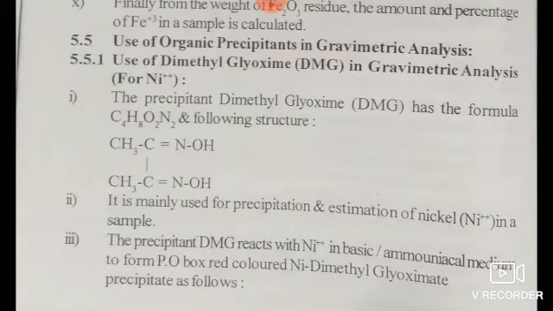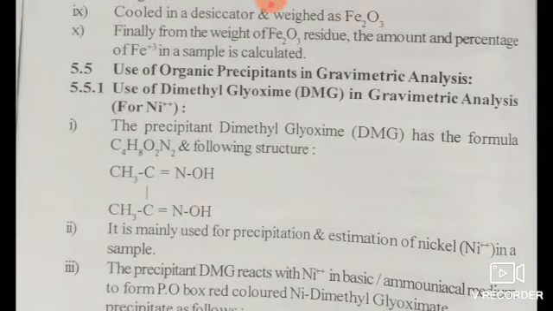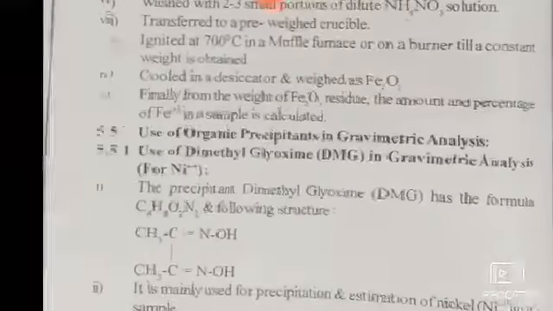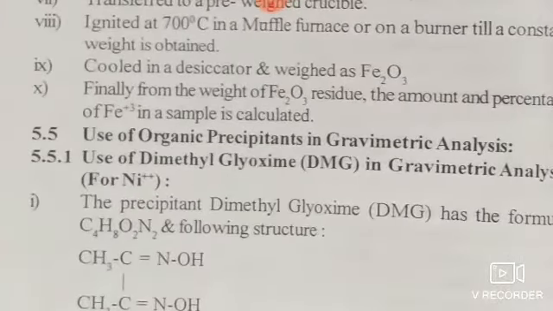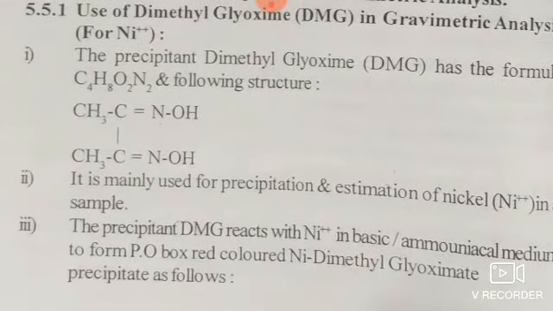So in the precipitate formation reaction, the precipitant dimethylglyoxime, DMG, has the formula C4H8O2N2 and the structure CH3-C=NOH, C=NOH-CH3. It is mainly used for the precipitation and estimation of nickel in the sample.